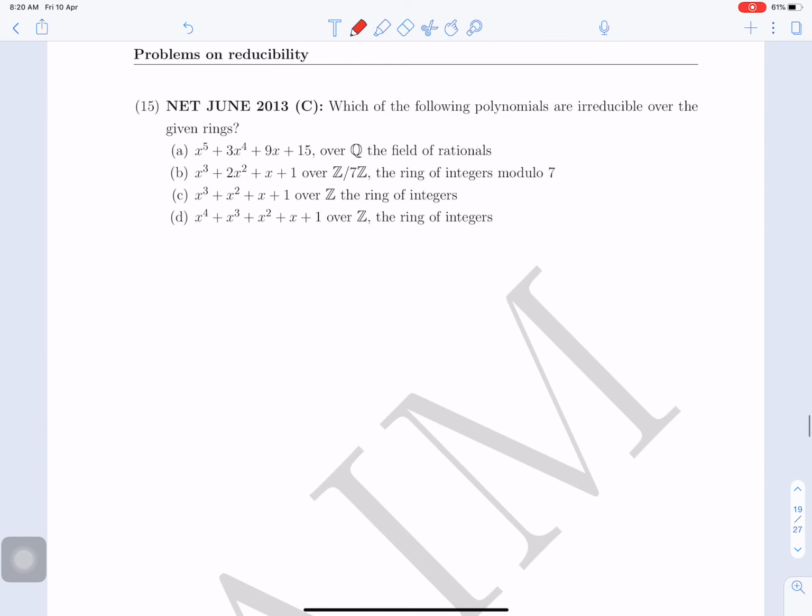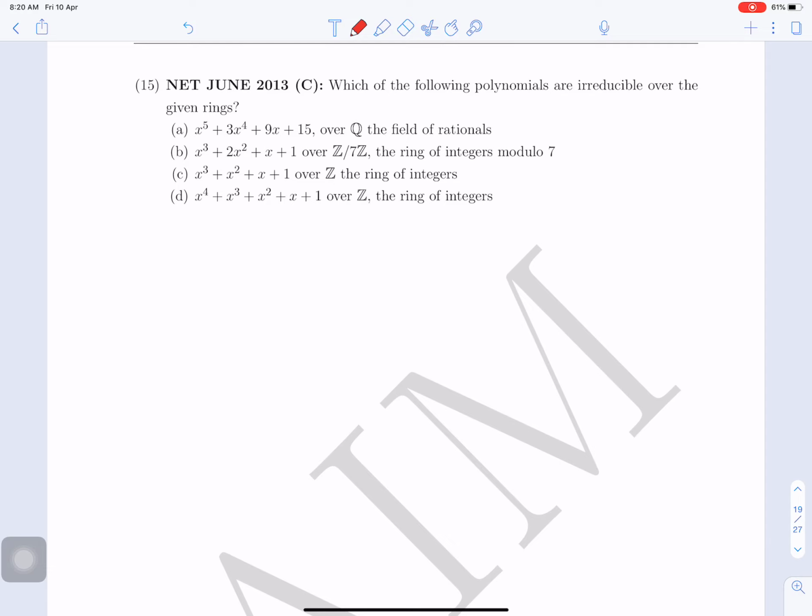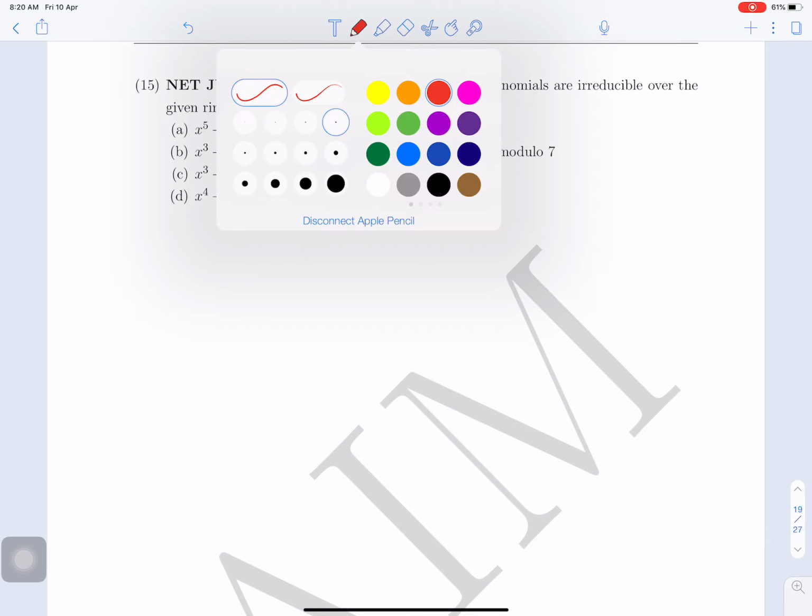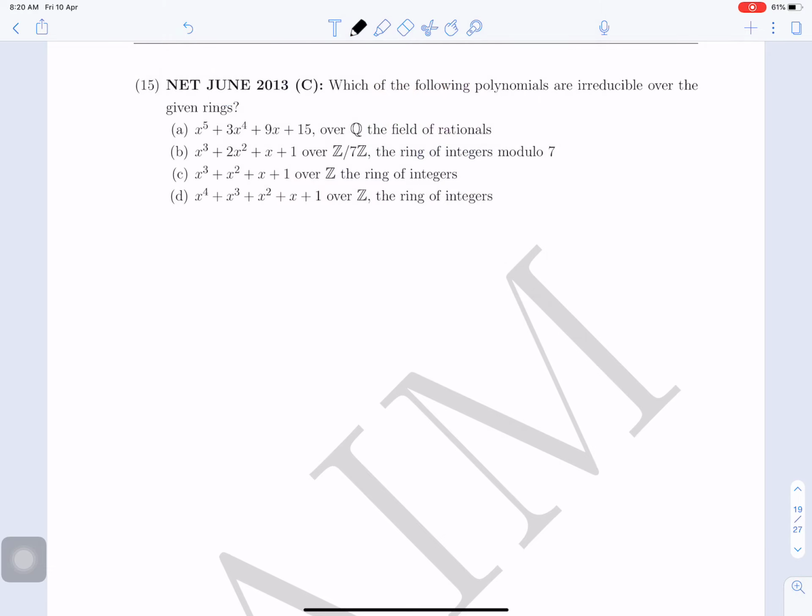So now problem number 15. Which of the following polynomials are irreducible over the given rings?